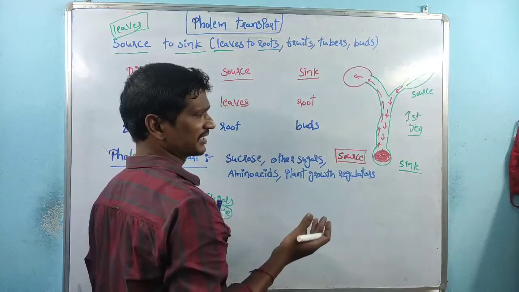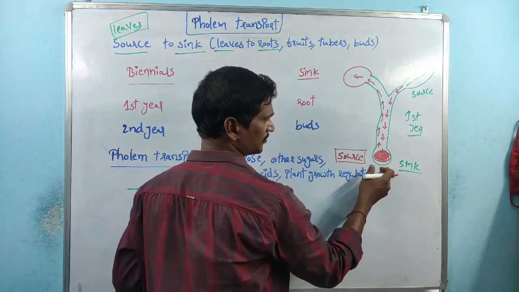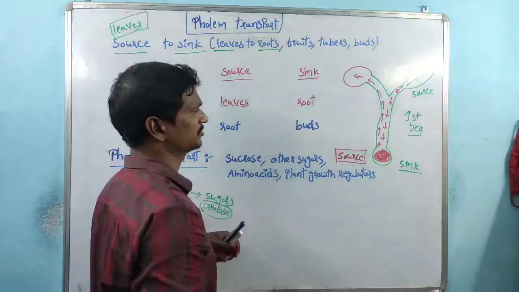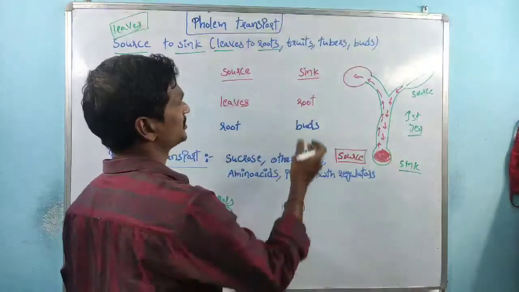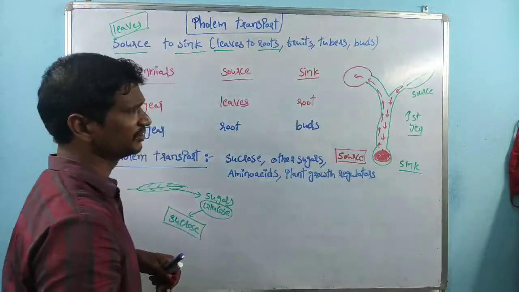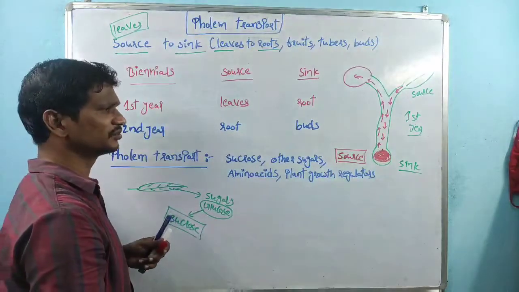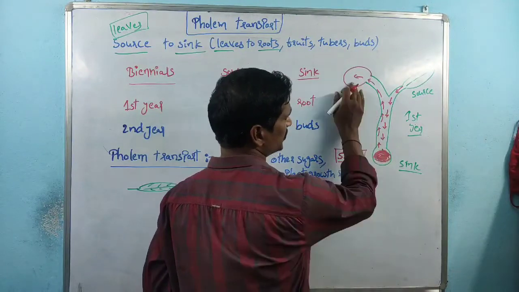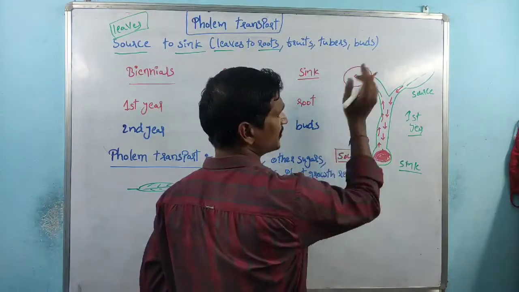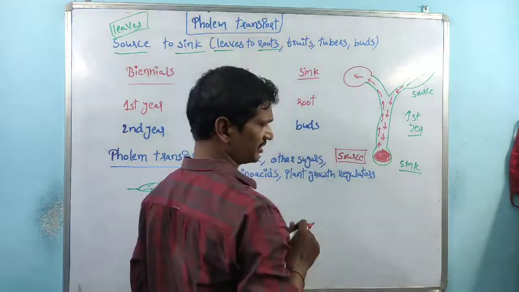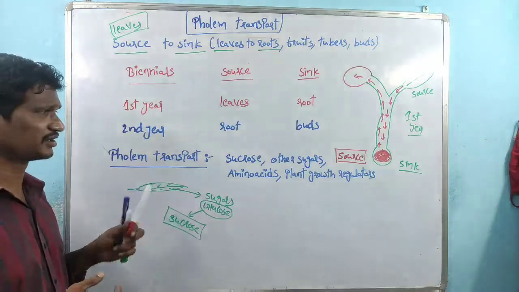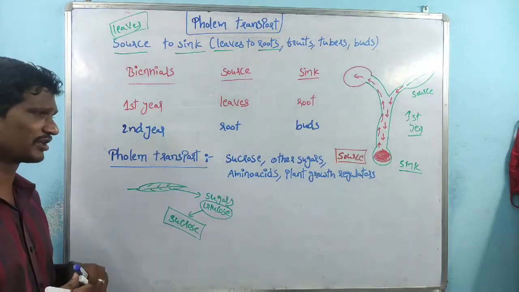So here, in the second year, source is the root, and the molecules are transported to the remaining parts, that is nothing but buds, or fruits, different parts. So that is about the biennial plant: first year carbohydrate transport and second year carbohydrate transport.